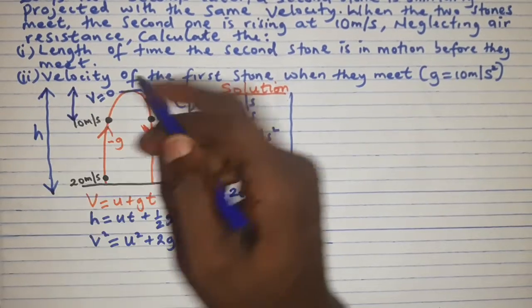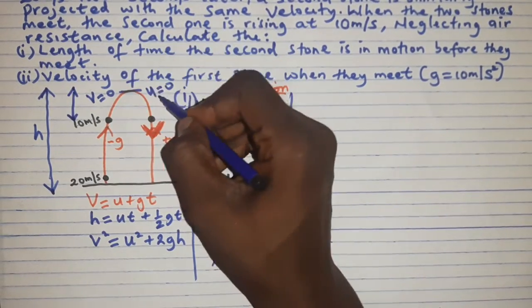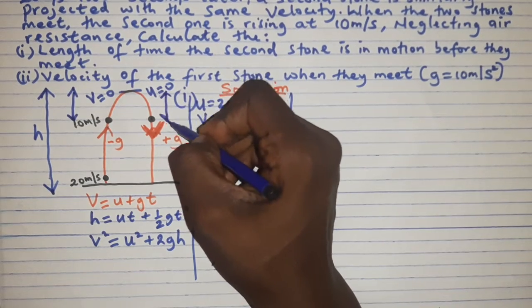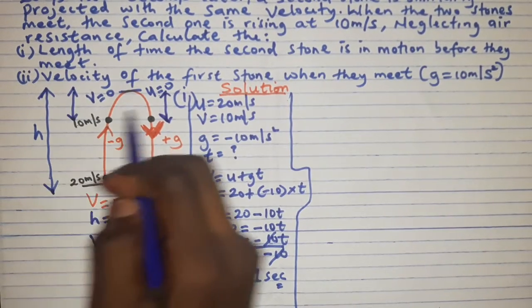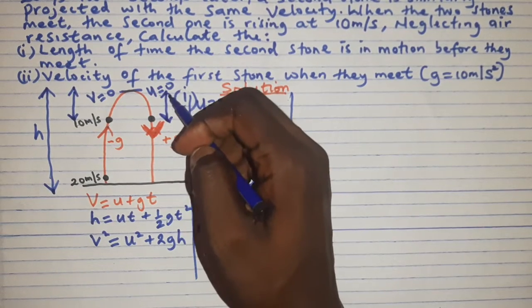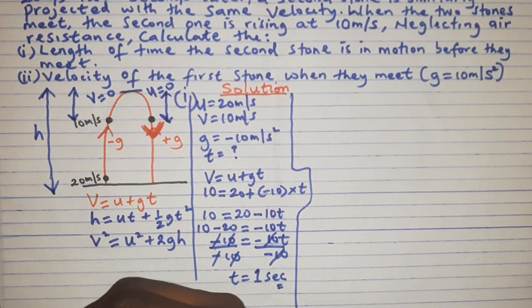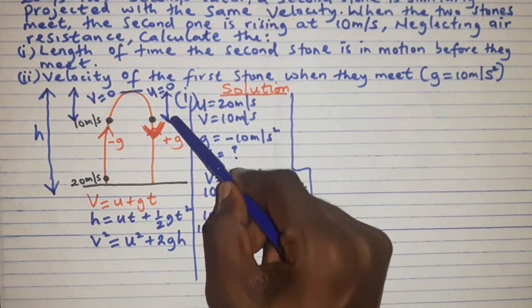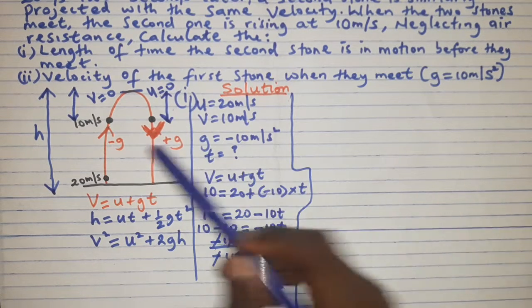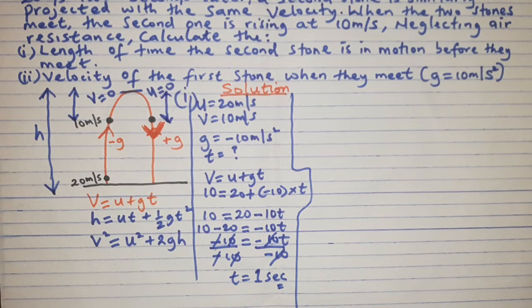Once you get this height, it means you have gotten the height that this one has moved from the top also. So you have gotten the distance that this stone has covered while coming down. And once you get that distance, you can get the velocity of the stone using your preferred equation.